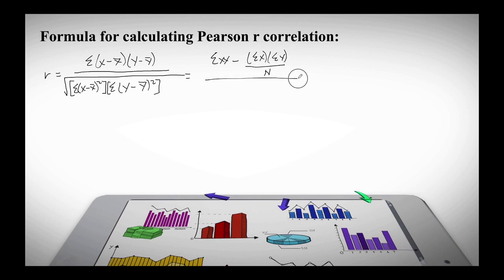Then sa denominator natin, we'll be having here square root of, bracket muna tayo, summation of x squared minus summation of x squared sa labas. Magkaiba to, yung nasa loob yung square at saka nasa labas, magkaiba yun pag kinumpute. So, minus n. So, bracket ulit. Then, we have here sa y naman, summation of y squared sa loob minus summation of y squared over n.